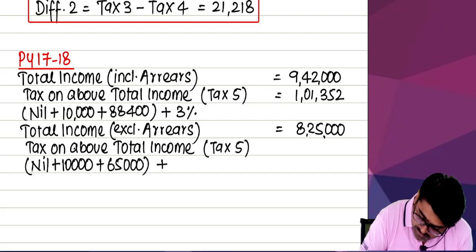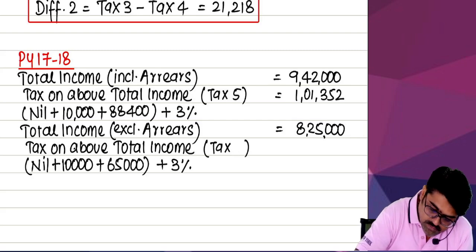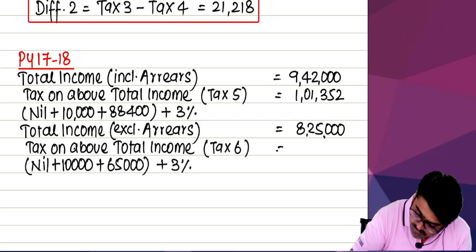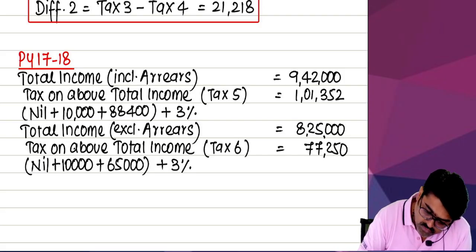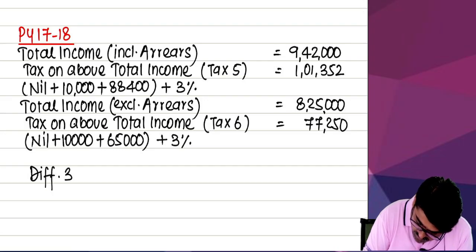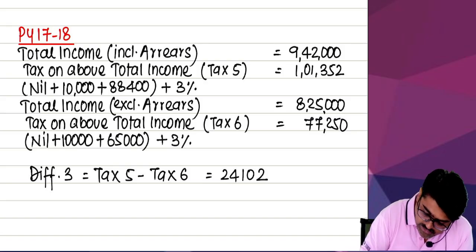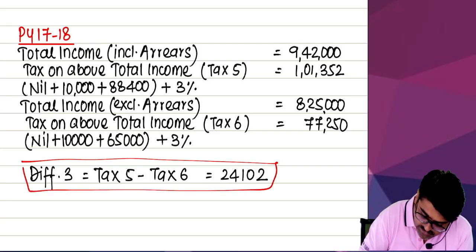Add 3%, 77,250. This is going to give me difference 3. Tax 5 minus tax 6. How much? 24,102. Getting this or not? Easy or difficult?